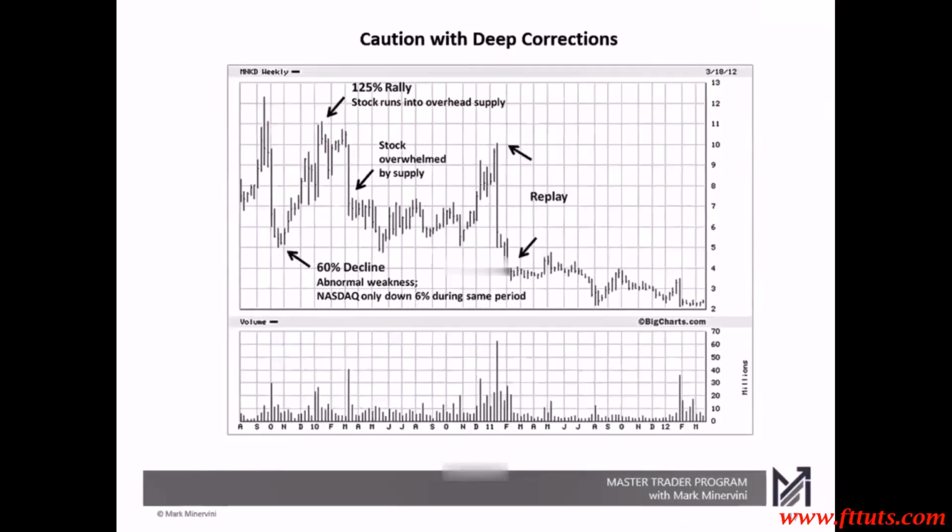So your overhead supply increases dramatically, and that's why very often these will fail. They'll come back up, they'll set up, and they're faulty setups. They're too wide, they're too loose, and they'll suck you in, and then they'll just collapse very quickly. They get overwhelmed by that supply.